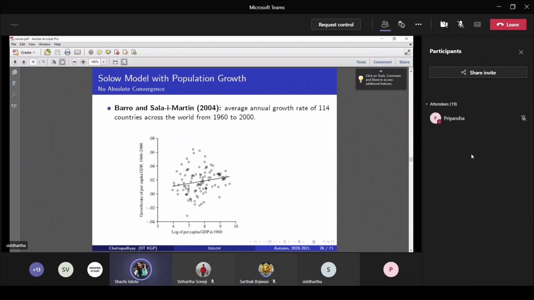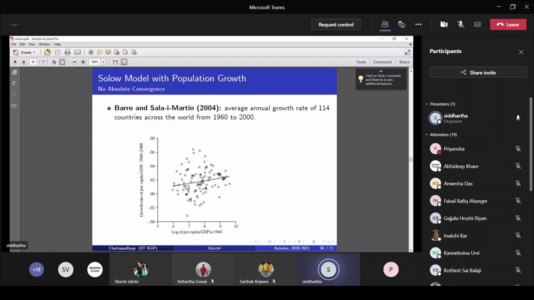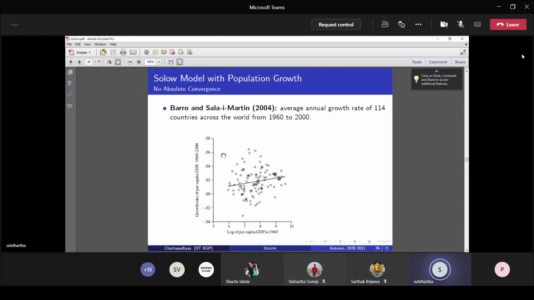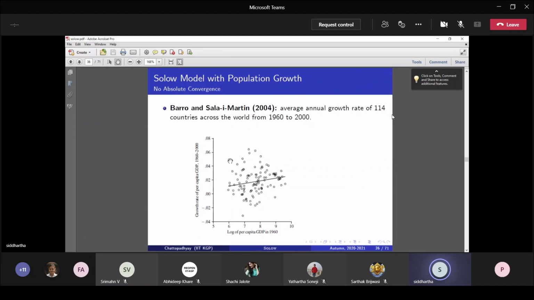So for India, the coordinate of the point will be 6 and 0.06, and for USA it will be 9, and let's say 0.02 is possible. Then if you draw a trend line between those 2 points, is it a negatively sloped line or a positively sloped line? Negatively sloped, sir.